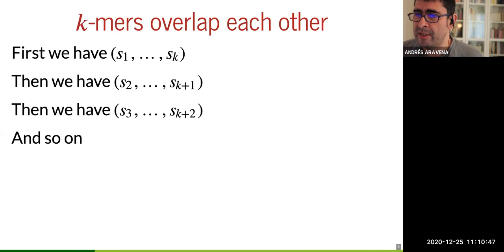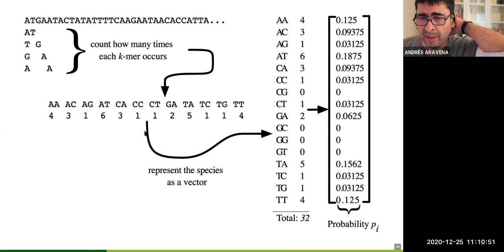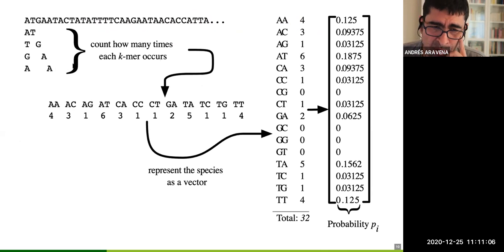Then this is the drawing I want to show you. This is the application. You get the sequence and you get the pairs. This is not in the correct order, but you have AT, then TG, then GA, then AA. I took this from somewhere else, so my mistake. Then you go through all the sequence and you see, for example, AA, I count 4 times.